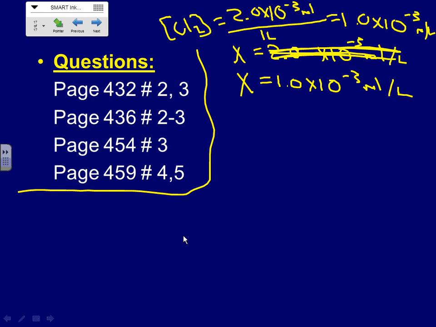Now I can solve for the rest of them. Concentration of PCl5 is going to be, and now I need to go back and look at my equation. What did I do? 2 liters. I'm all excited about this question because I haven't looked at it before.